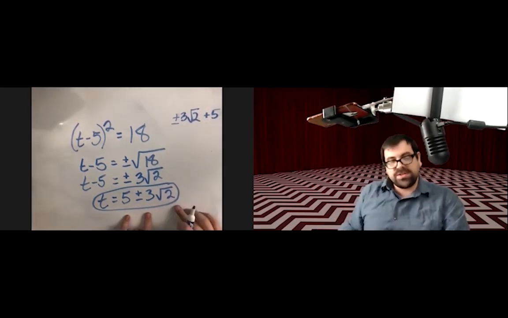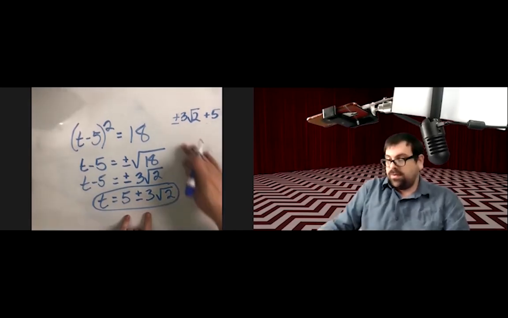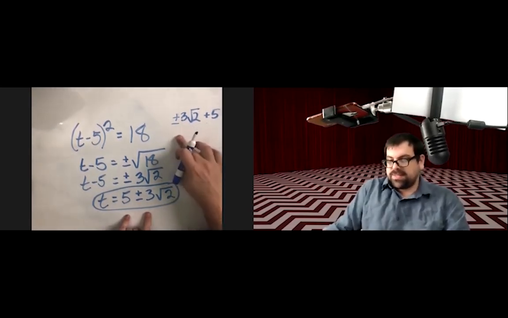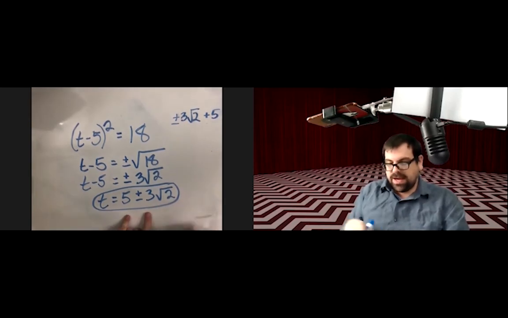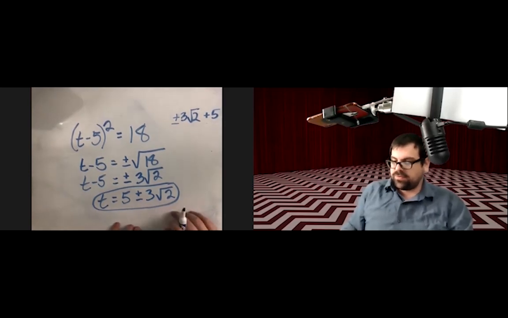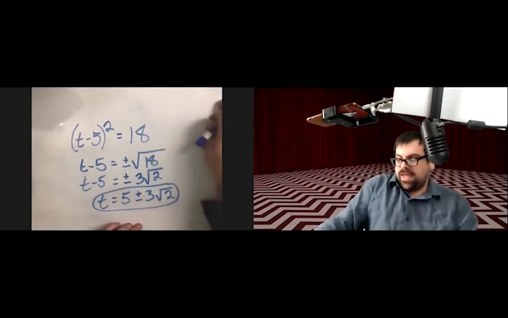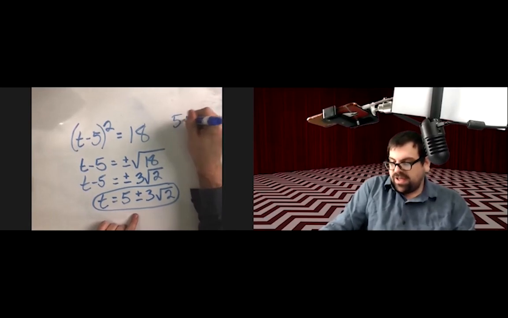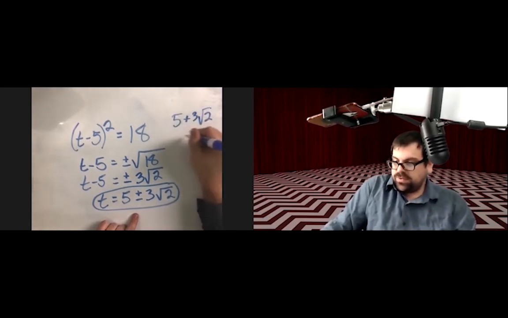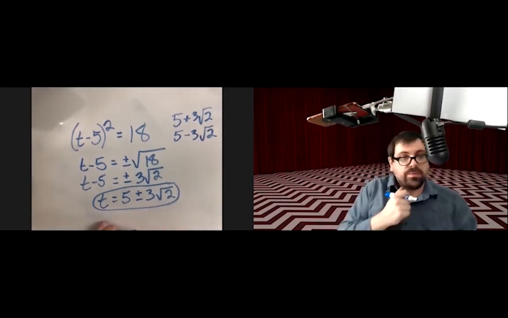We like our radicals to be at the end. We don't like plus or minus in front if there's something we can have first. So positive 5 plus or minus 3 radical 2. As 2 separate answers, that would be 5 plus 3 radical 2, 5 minus 3 radical 2.